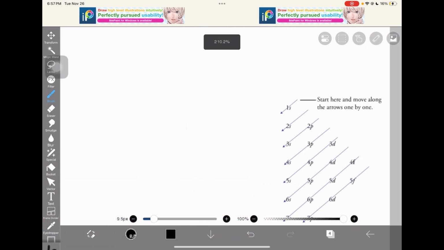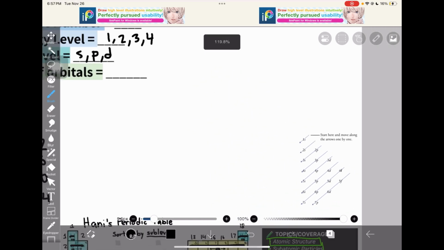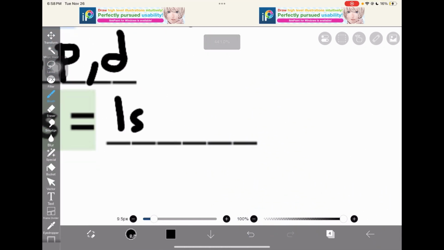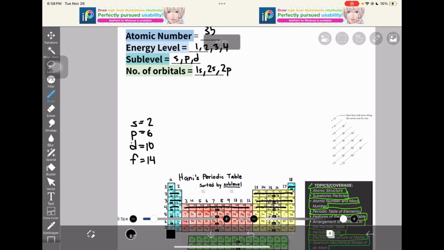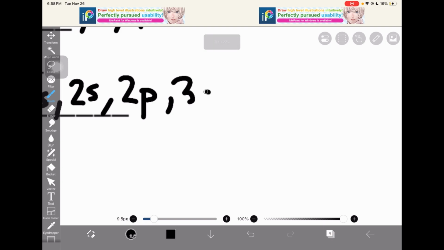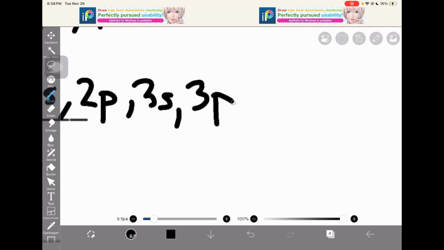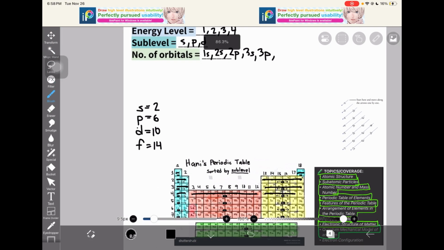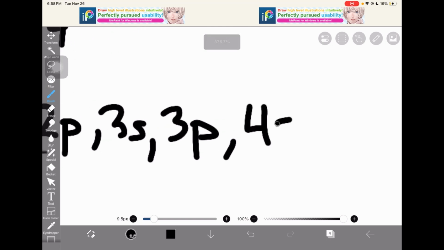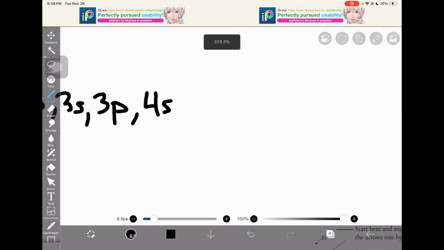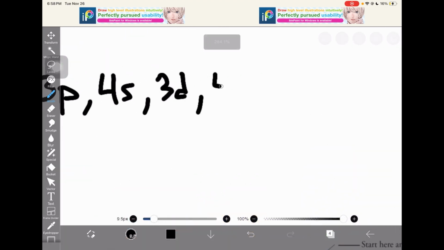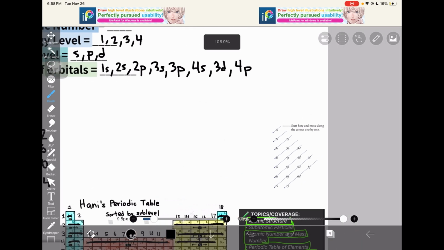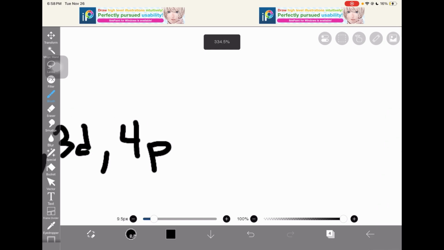Alright, so once again, 1s, 2s, 2p, then 3s, 3p, 3d, 4s first, 4s, 3d, and 4p. And that is a grand total of 8 orbitals.